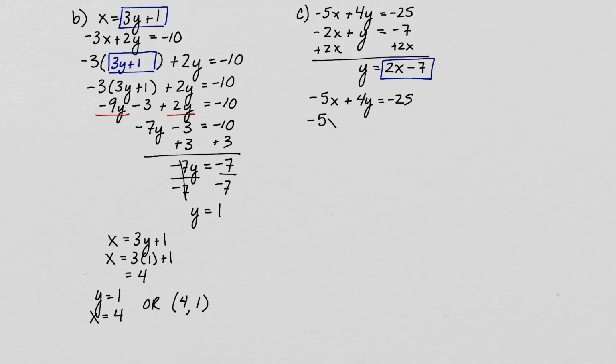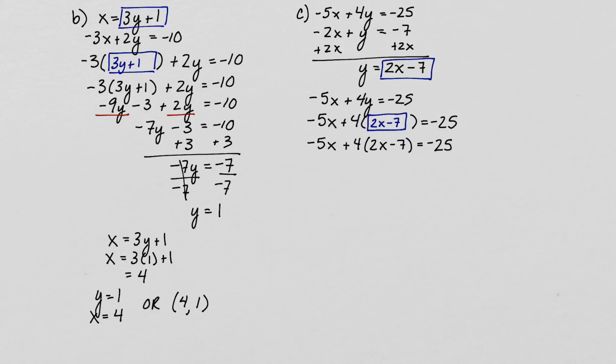So it's going to be minus 5x plus 4 times all that stuff in the box is going to be equal to negative 25. And all that stuff in the box is 2x minus 7. So our new equation is minus 5x plus 4 times the quantity 2x minus 7 equals negative 25.